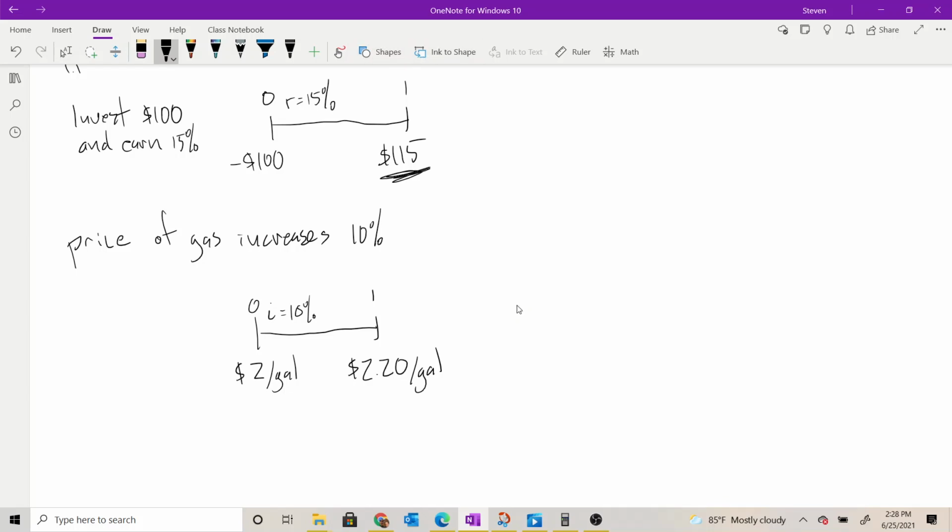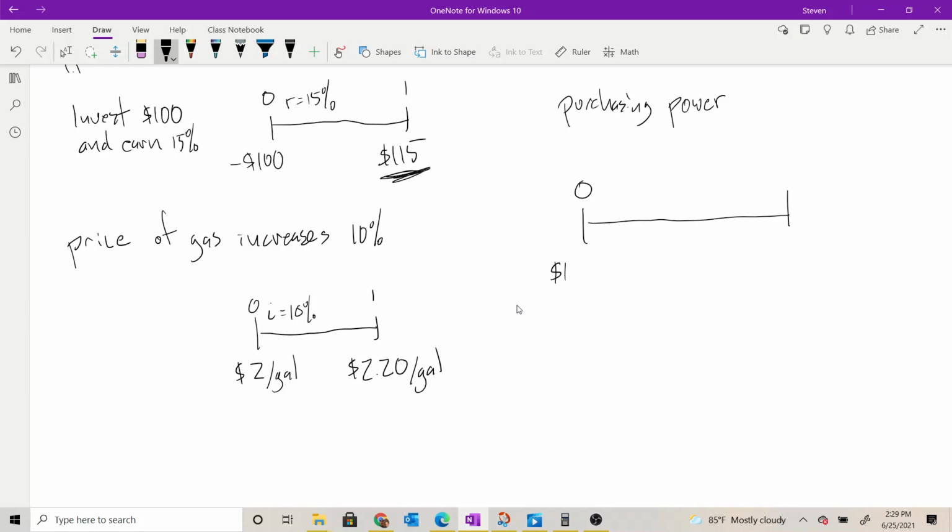All right, now let's look at what happened to our purchasing power over this same period. At time period 0, so today, when we made the investment of $100, we had $100 and gas cost $2 per gallon. So how many gallons of gas could we buy?